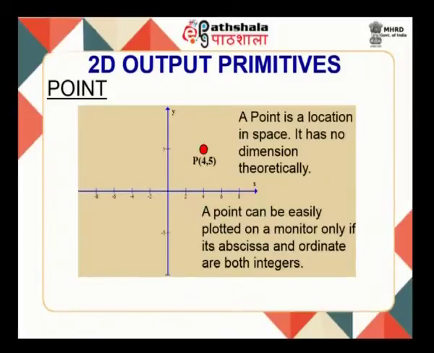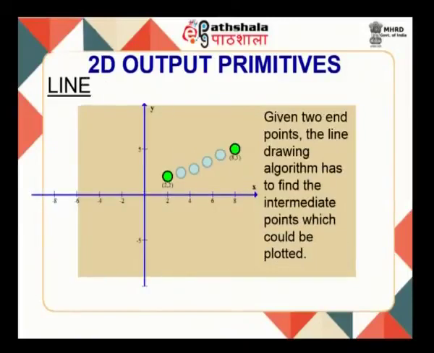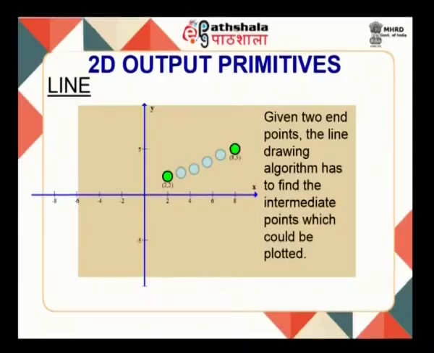A line is basically a collection of points along a particular direction. When you extend a series of points along a particular direction, we call that a line. In graphics or in display devices, we can think of a line as a series of points, which are basically a series of pixels.